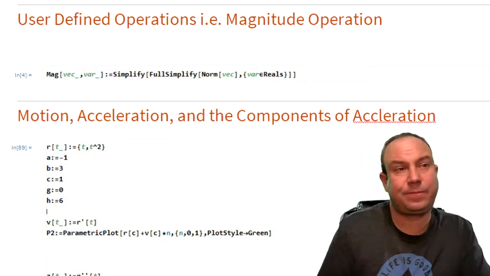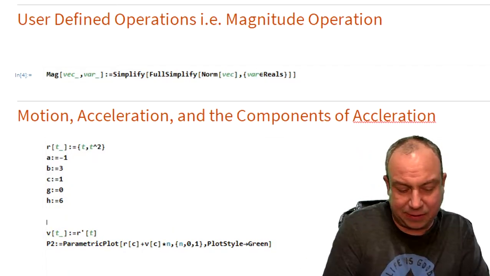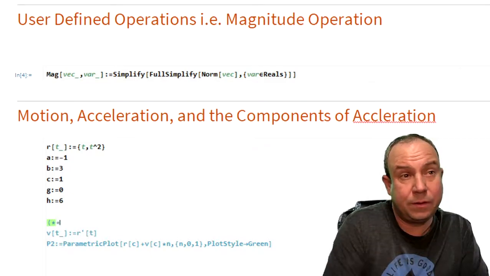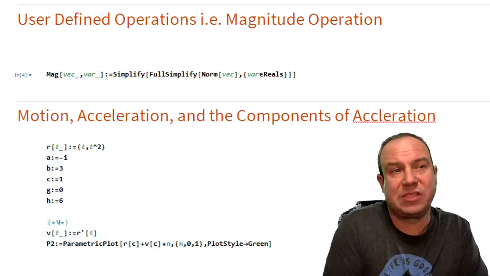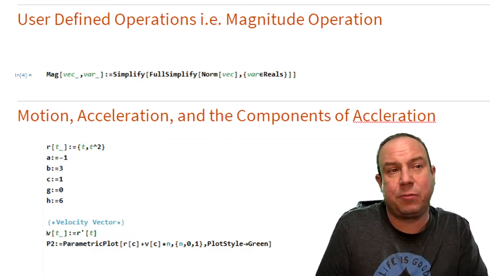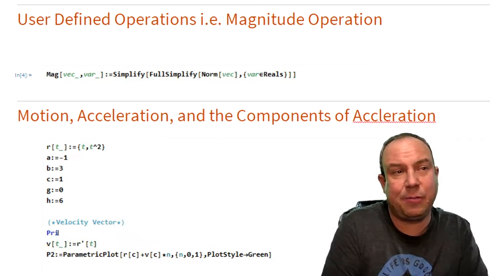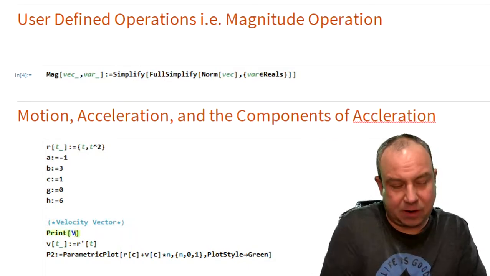All right. Here again, we're looking at what was this? A velocity vector. All right. We could print that here. We can say the print. This is our.